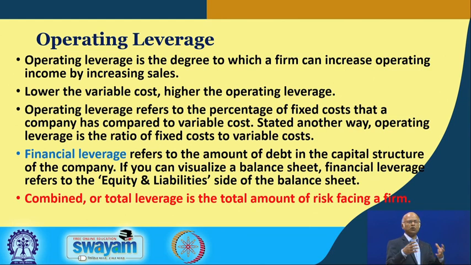Suppose you insist that no, I do not have 10 lakh rupees, please give me 30 lakh rupees so that I can start, and as I make profit, I will not draw that money as dividend, I will reinvest it, plow it back into the business. Gradually my debt to equity ratio will reduce, meaning that I will repay the loan and then my leverage will come down. So, you start with high leverage, then gradually you bring down the leverage.